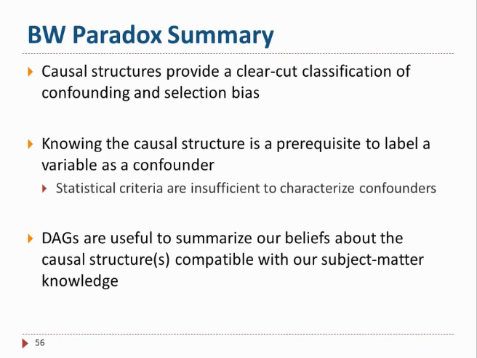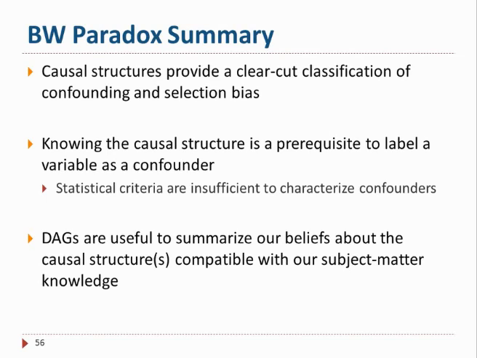Really, we need to know the causal structure in order to be able to label a variable as a confounder. Just seeing how strongly it's associated with the exposure and outcome is not enough. The statistical criteria won't quite get you there. You need to put your assumptions on a DAG and look and see what the structure looks like to be able to know if a variable is in fact a confounder or a collider.